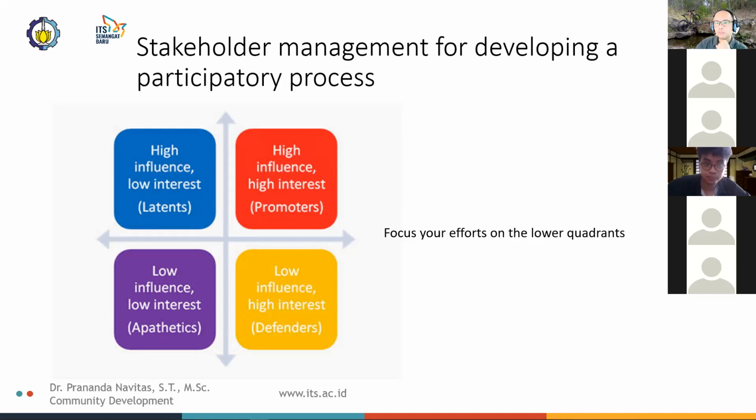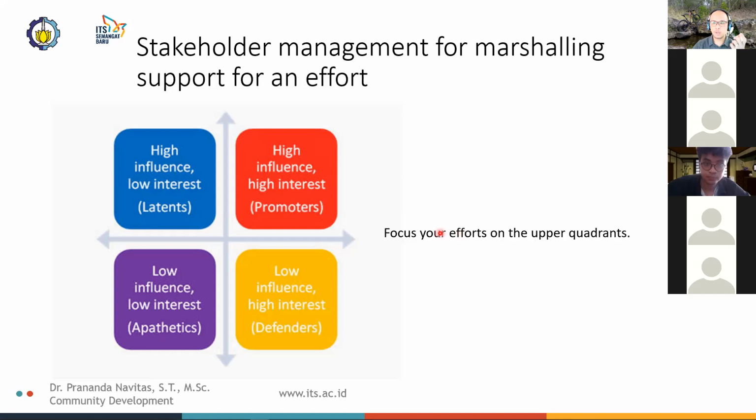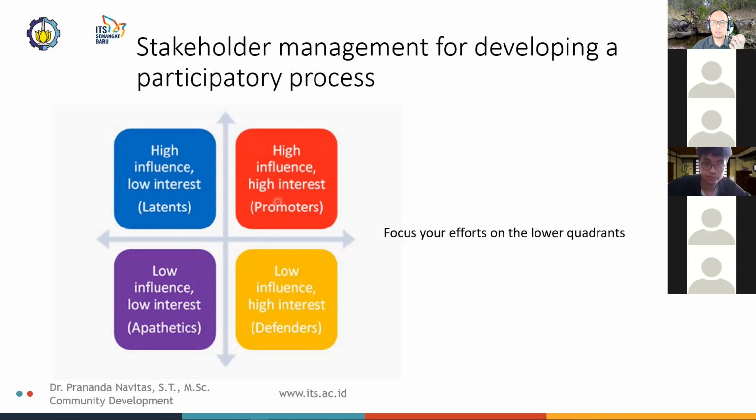However, stakeholder management for developing a participatory process or including marginalized populations is entirely different. If previously I said focus your efforts on the upper quadrants, then if you want to manage stakeholders for a participatory process, focus your efforts on the lower quadrants.